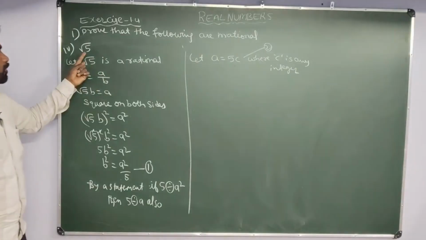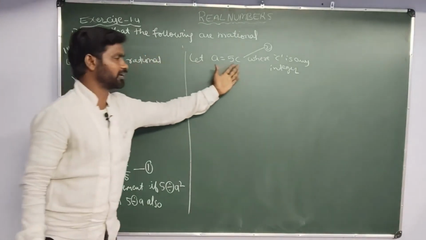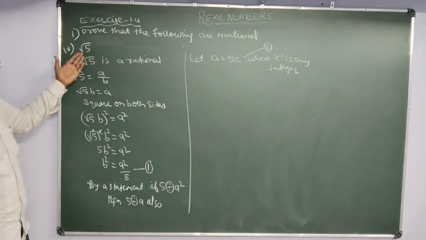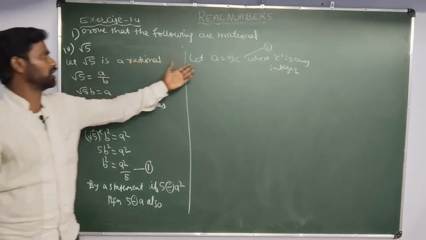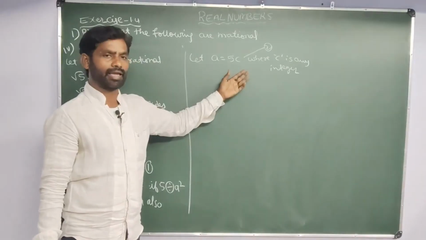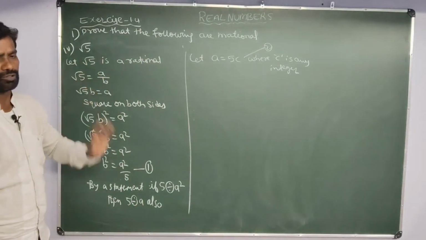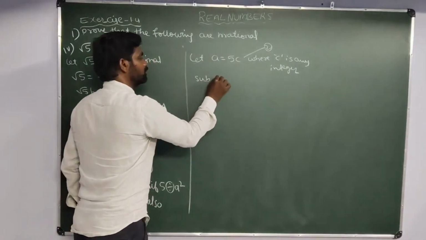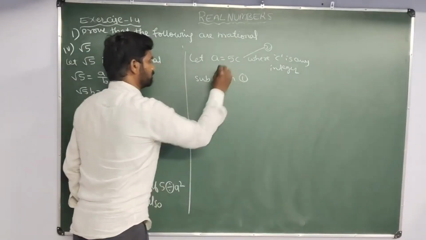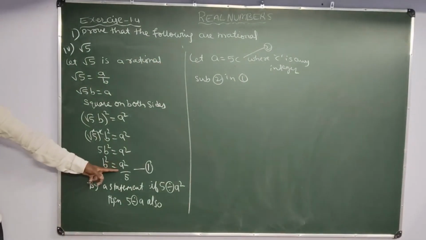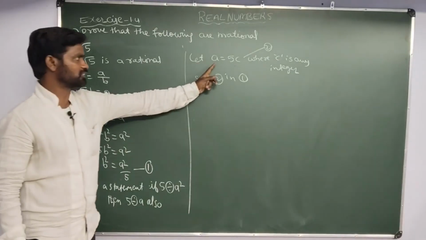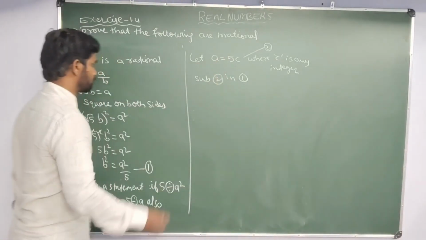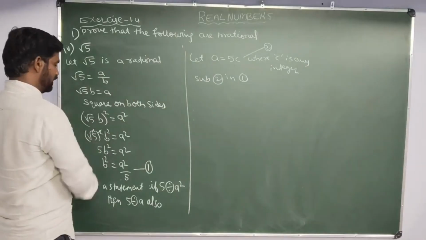If the question is about root 5, then we take a is equal to 5c. If the question is about root 2, then we assume a is equal to 2c. Now substitute equation 2 in equation 1. What is equation 1? b square is equal to a square by 5. And equation 2 is a is equal to 5c. So substitute 2 in 1.